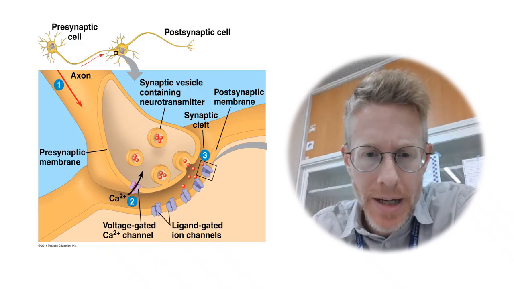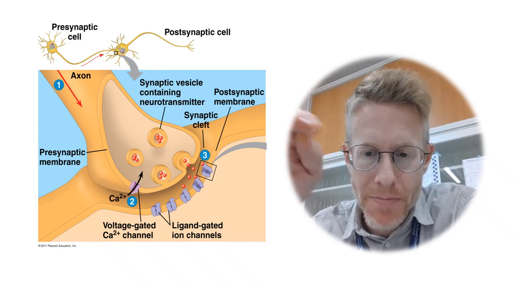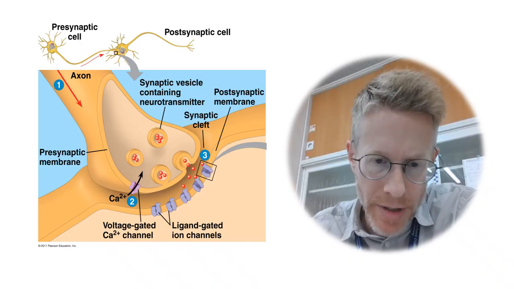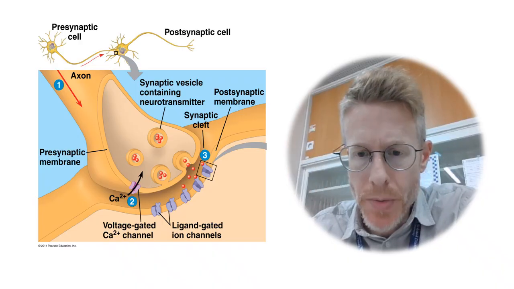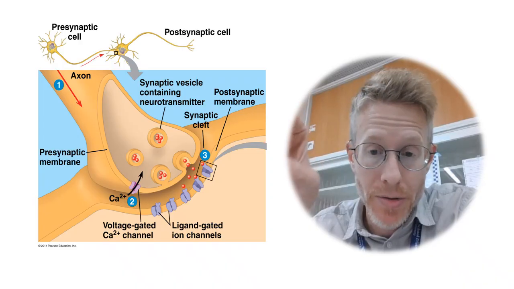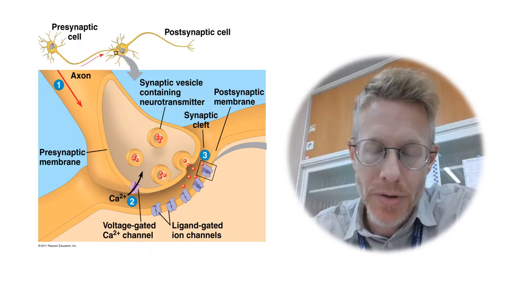That causes these little vesicles that contain neurotransmitters, called synaptic vesicles, to migrate to the membrane of the presynaptic neuron, fuse with that membrane, and exocytosis occurs, causing the neurotransmitters to be released into the space between neurons called the synaptic cleft.